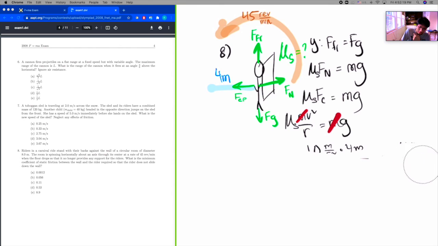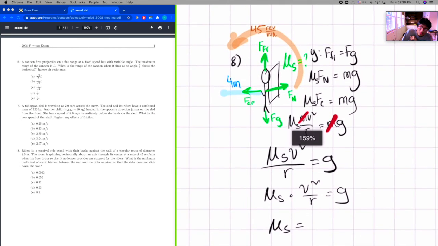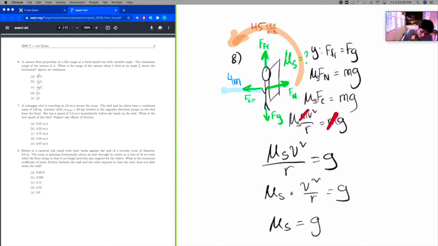It's good we make mistakes, but let's check it out. So we have mu s v squared over R, and that's equal to g. So mu s times v squared over R is equal to g. So mu s must be equal to g times r over v squared.